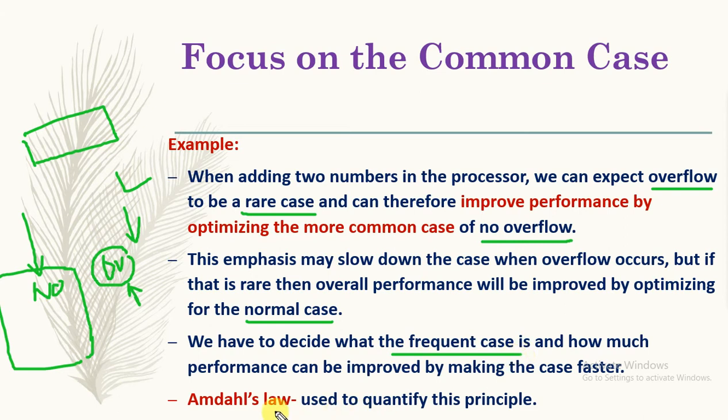So we are using a law called Amdahl's law, which is used to quantify this principle. In a computer system, when we develop a new system, we need to filter two areas. One is the frequently used areas, and the second is the not frequently used areas.